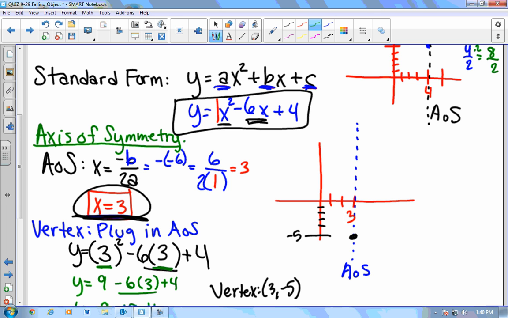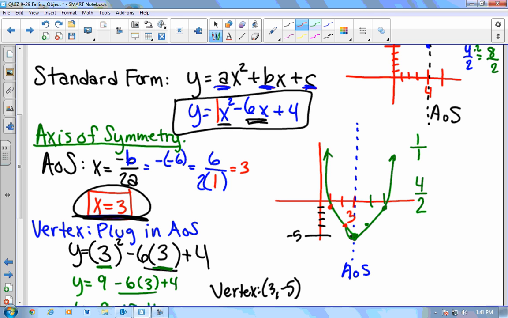So we can follow the ratio, up 1 over 1, up 4 over 2. So I'm going to go up 1, left and right 1. From the vertex, I go up 4, left 2, right 2. That's a nice pattern that happens for all parabolas.